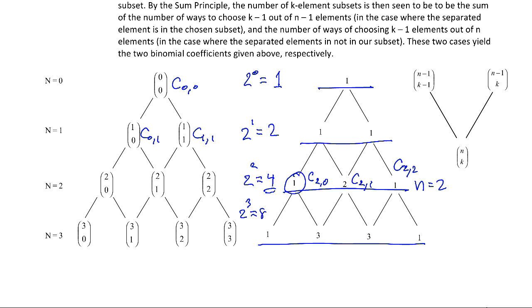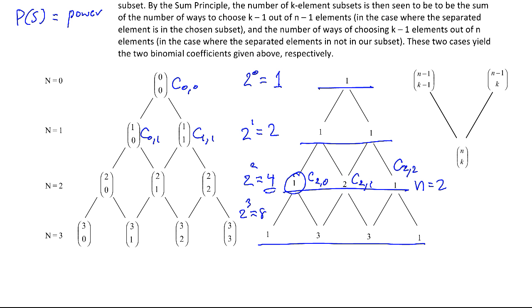And so these binomial coefficients add up to the total number of subsets of a set, that is the size of the power set, and each binomial coefficient gives the size of the set of subsets of a certain size. Remember, P(S) is the set of all subsets.